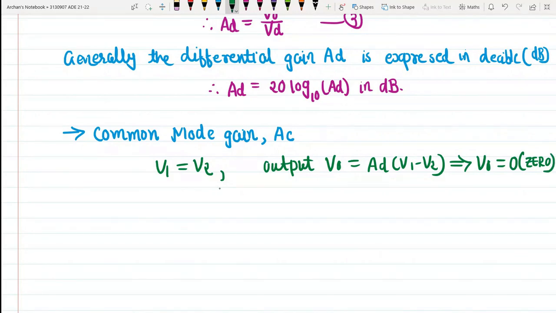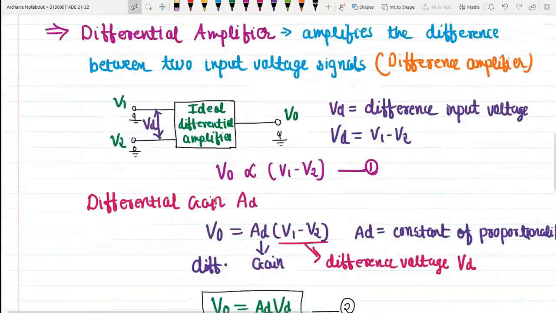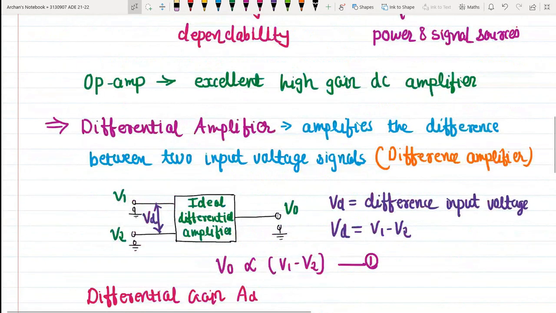But actually, the output voltage of a practical differential amplifier not only depends on the difference voltage, but also on the average common level of the two inputs. Such an average level of the two input signals is called the common mode signal, which is denoted as Vc.